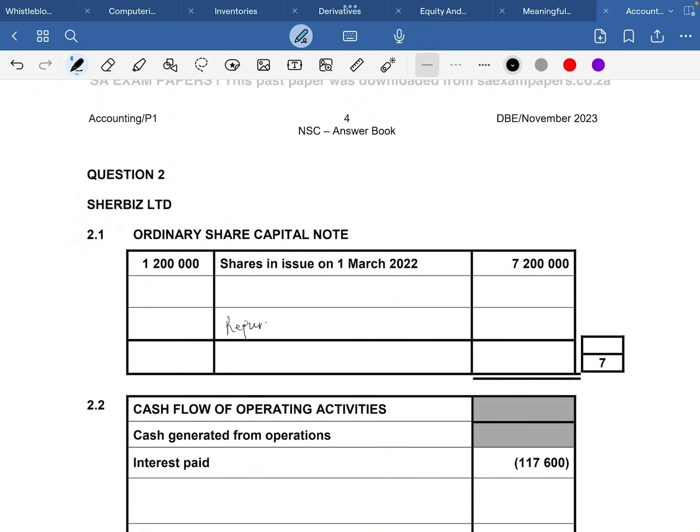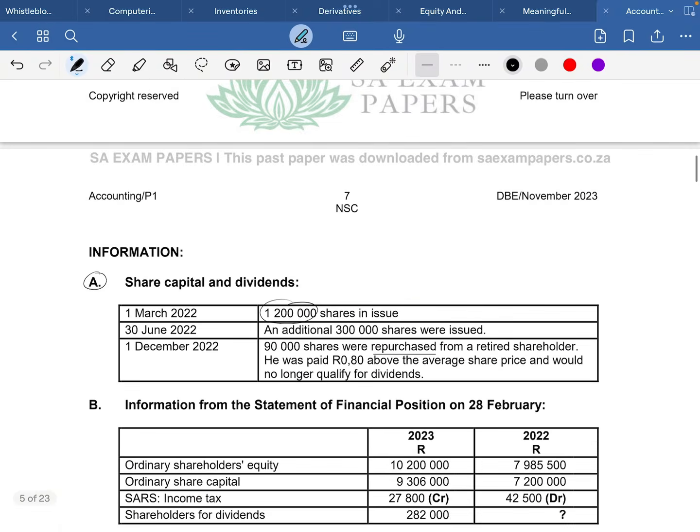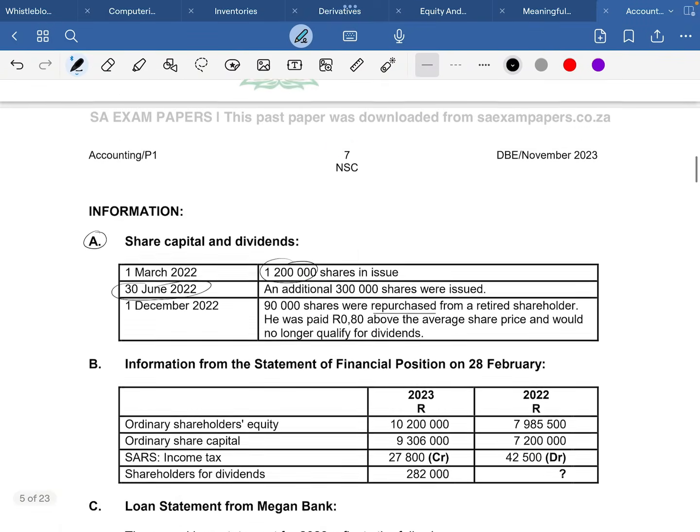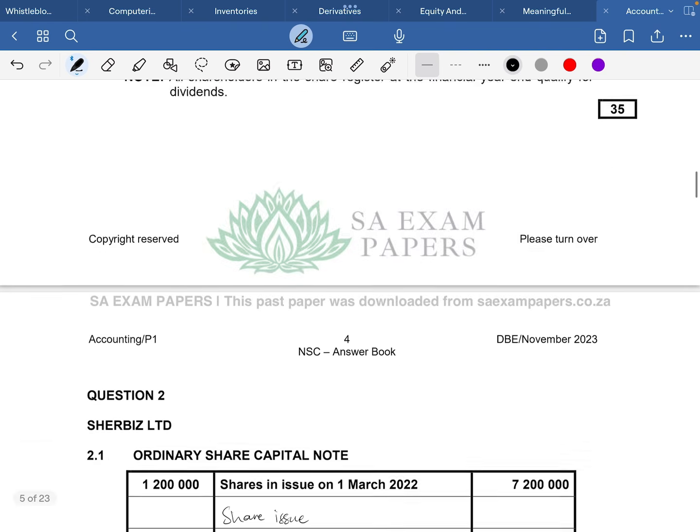This is what I like to do before I just continue with anything else, before filling in any amounts. You know here that you have a share issue. This has been extracted from information A we just read. So let's see the date. We issued the shares on the 30th of June and bought back on the 1st of December 2022.